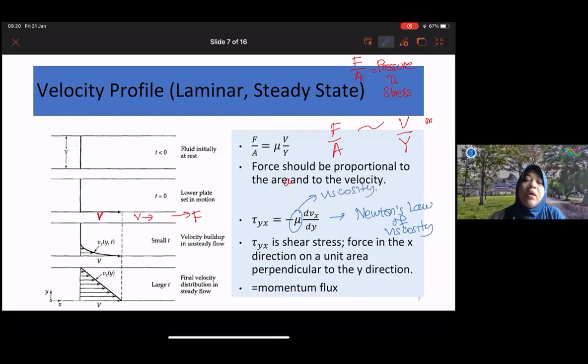Okay, we call this tau yx, which is the shear stress because of the force in the x direction and perpendicular to the area of the y-axis. Okay, that one.